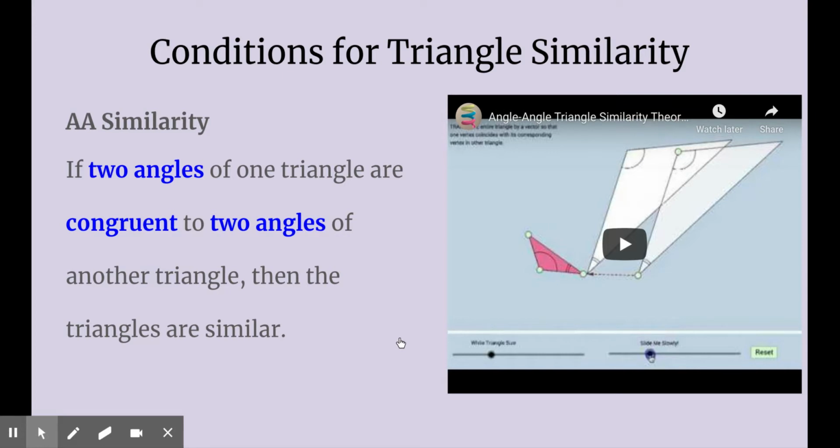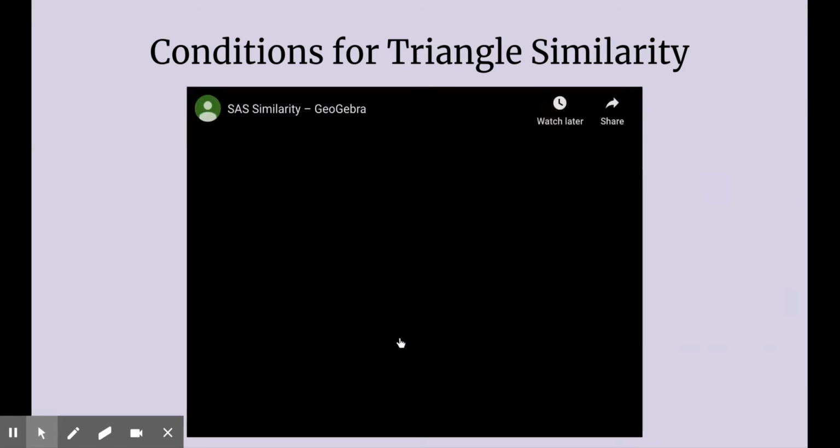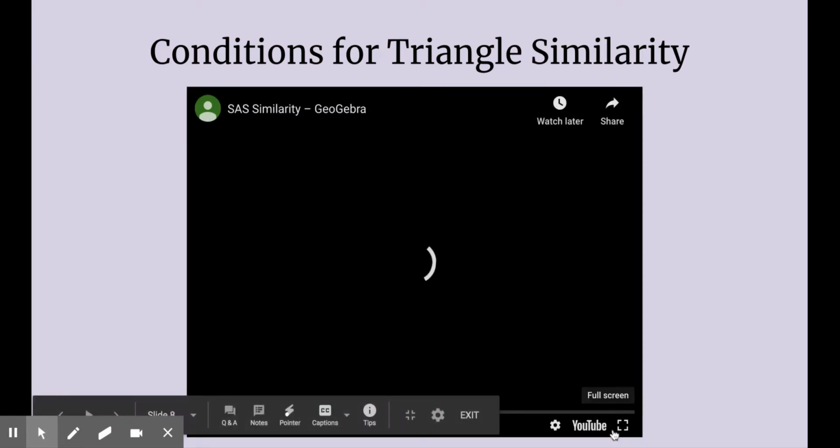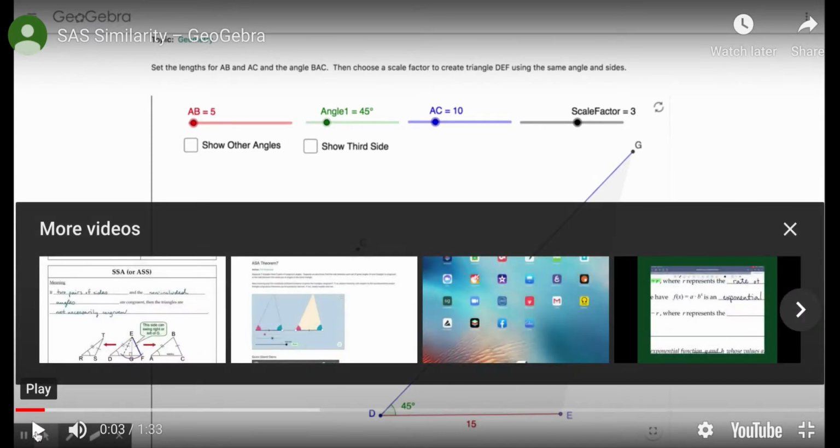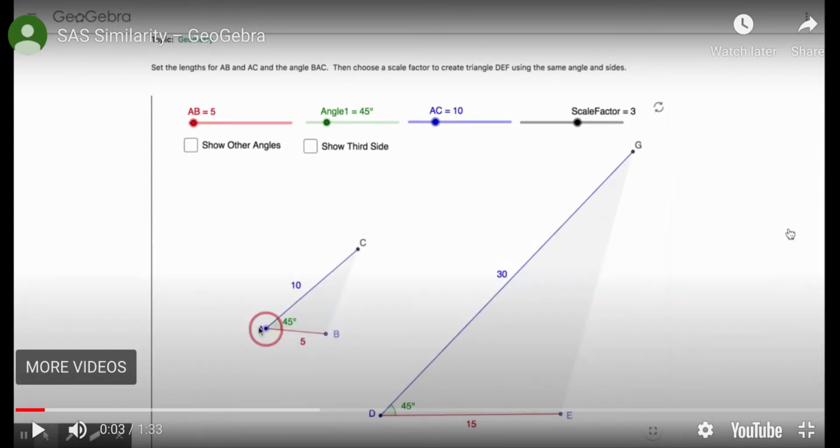Let's look at the SAS condition for triangle similarity. Before I play this video, I want to point out to you that here we have a side of length 10, a side of length 30, a side of length 5, a side of length 15, and then included angles that are both 45 degrees.